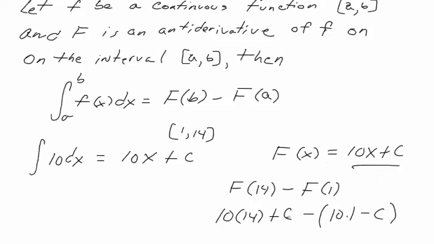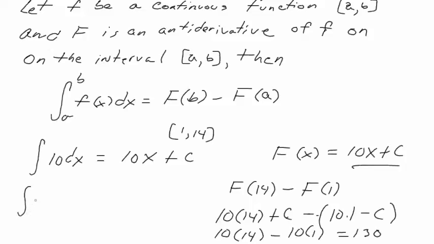Because both these numbers are the same number, when we distribute this negative across, the c's end up canceling out. And so we end up with 10 times 14 minus 10 times 1. That's 140 minus 10, which is 130.